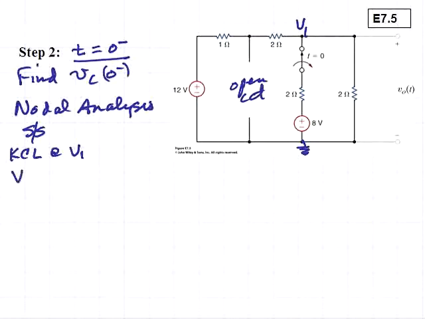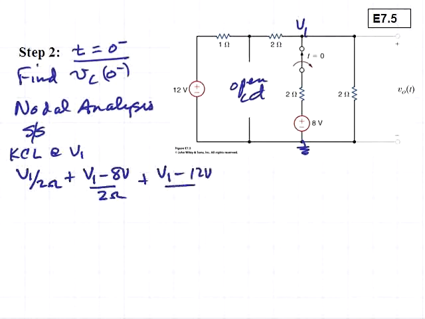So we have V1 divided by 2 ohms plus V1 minus 8 volts divided by 2 ohms plus V1 minus 12 volts divided by 3 ohms is equal to 0. Here we're ignoring the presence of that additional node between the 2 resistors for the moment.